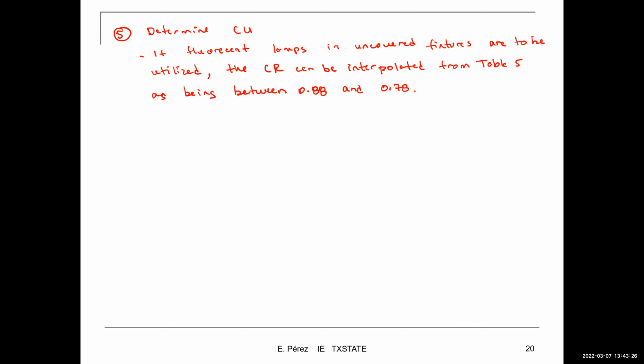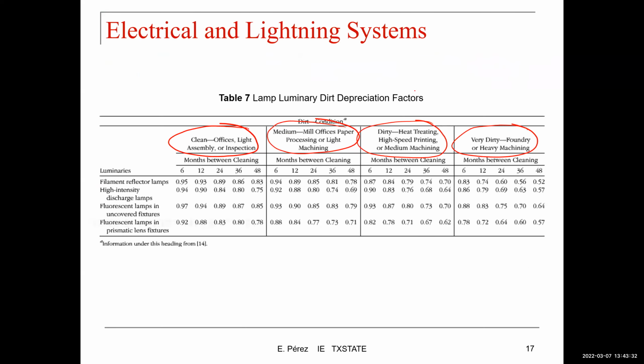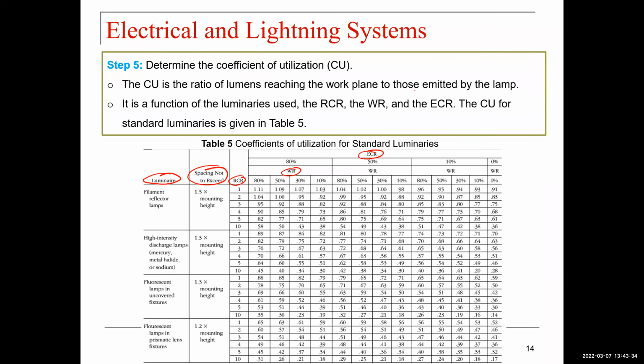So if we're going to use fluorescent lamps in uncovered fixtures, I can go to table 5. Using this type of fluorescent lamp, and based on an 80% WR, and an RCR of 1.75, it's between these two numbers. So the value will be between 0.88 and 0.78.